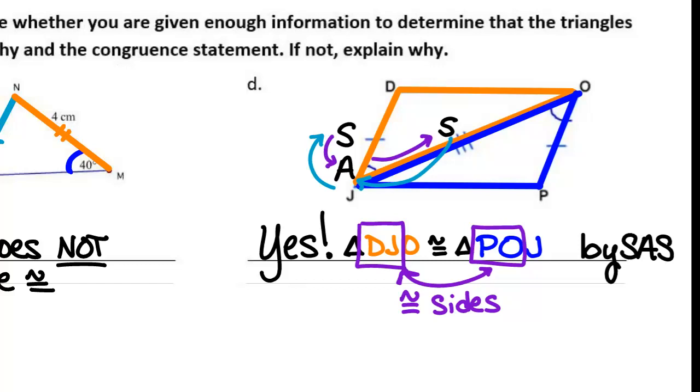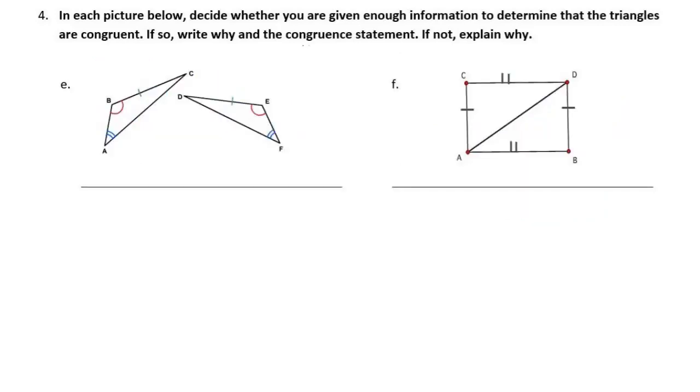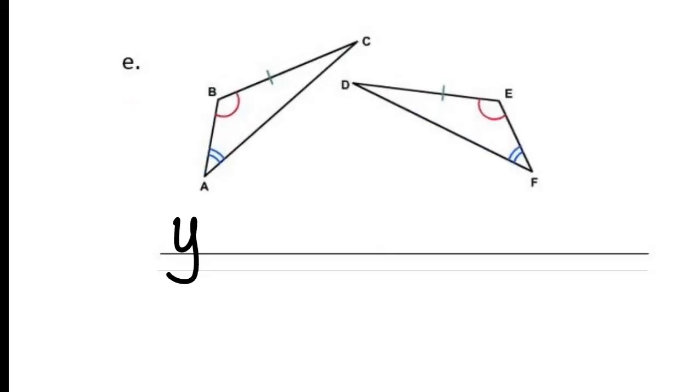Make sure that you're matching up your corresponding congruent parts. All right, let's try two more like this here. Do I have enough information in part E to say that these two triangles are congruent to each other? Yes. Using what congruence criteria?